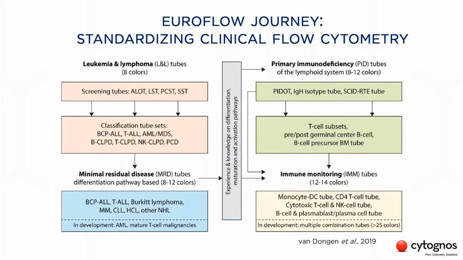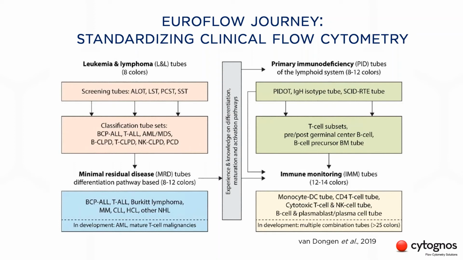The EuroFlow method is a screening approach looking to use fewer antibodies at first to narrow down the malignancy, and those are the screening tubes, and then running classification panels for further differentiation. They started with leukemia lymphoma panels, followed by MRD panels to monitor patients.